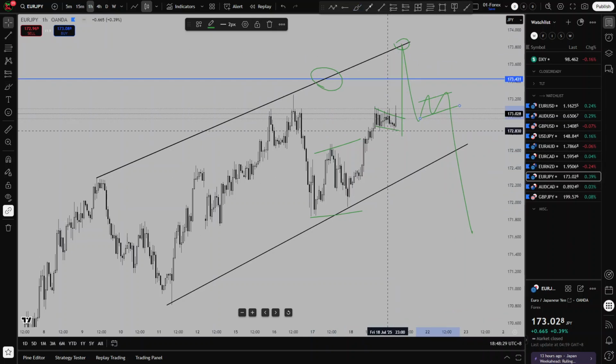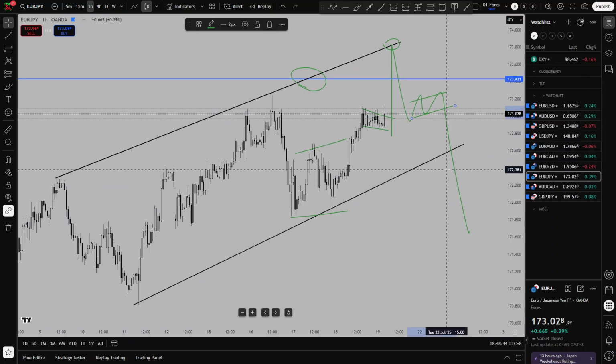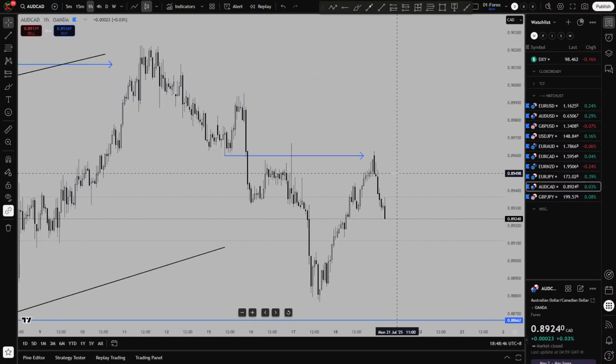I don't want to entertain long trades now in this area here, even though we are still in this very nice momentum run. It might be possible, but right now I'm leaning more to just wait. Other pairs are better positioned right now, so I want to see a bit more development in this area here.